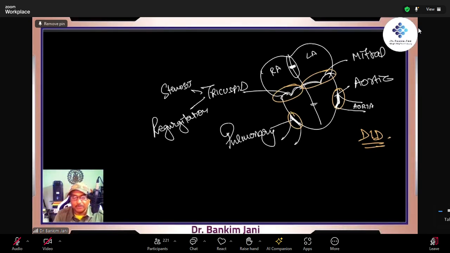Because of that hole, the oxygenated and deoxygenated blood keep mixing. That depends upon where the hole is, what stage, so many factors, but that comes under congenital heart disease.